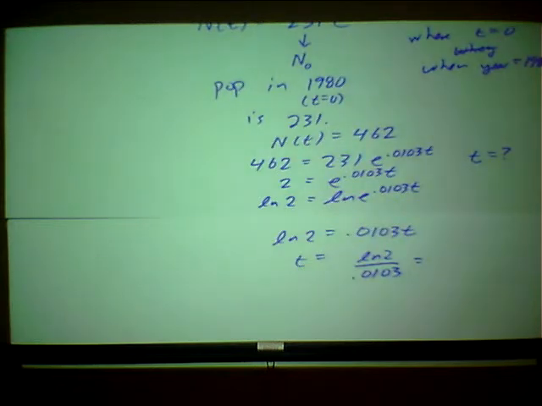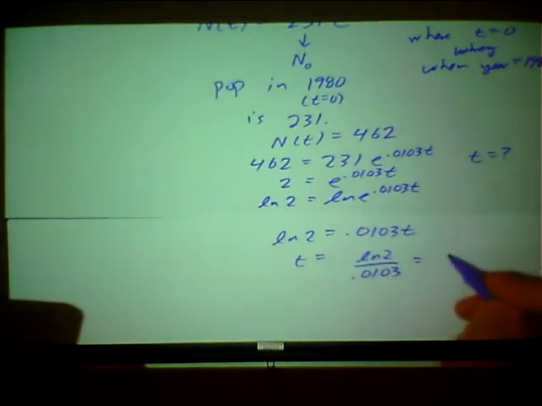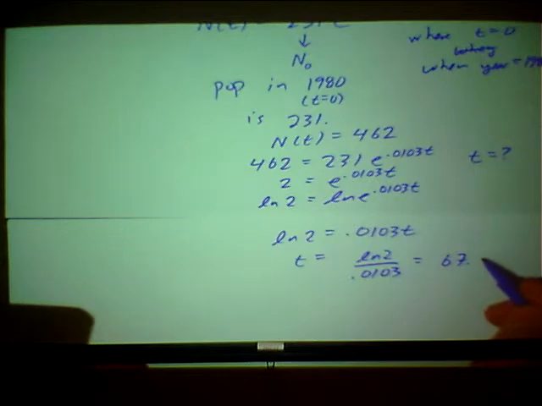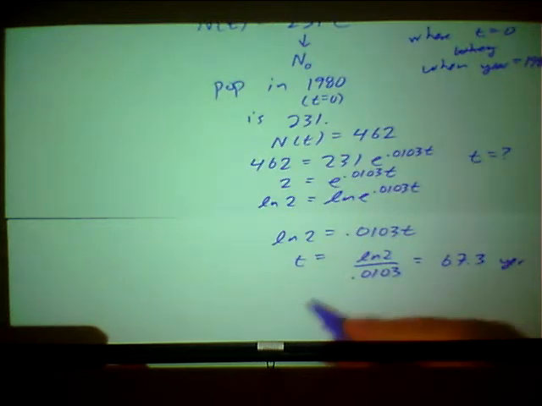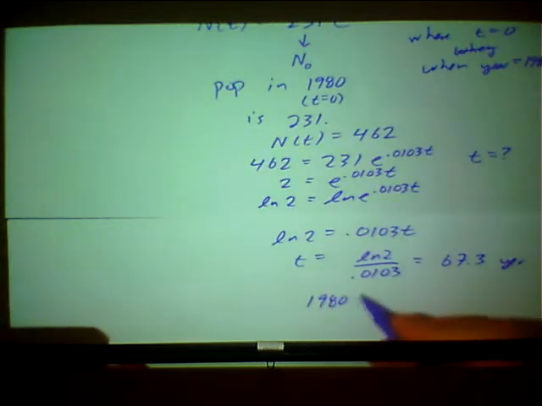And I definitely have to get out my calculator. I have my natural log key, so I press in 2 and the natural log and divide it by 0.0103. And it equals 67.3. So that's years. I have to add that to 1980.